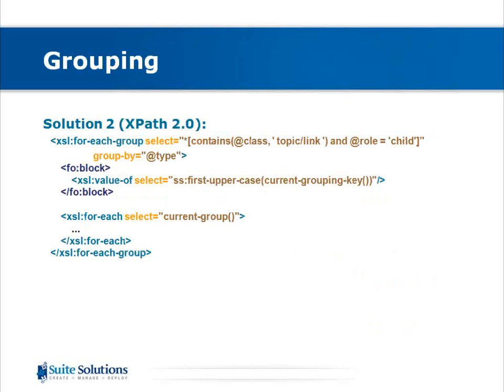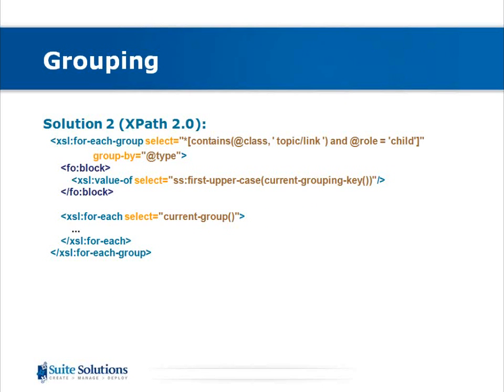A more advanced, yet slightly simpler way, as you might have guessed, comes in XPath 2.0. XSLT 2.0 adds some new default functions that allow us to do this in a much easier way. Because as we just saw, there's an xsl:for-each in XSLT 1.0; in XSLT 2.0, there is an xsl:for-each-group element.